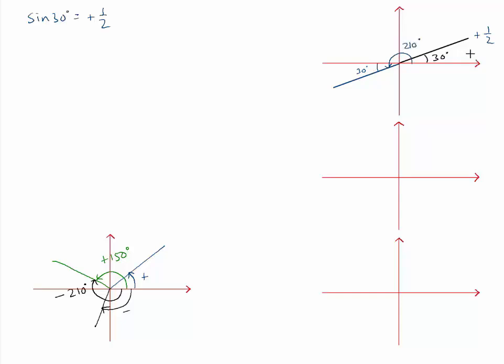Now note that if sine of this angle gives you half, then sine of this angle will also give you half. The only question is whether it would be positive or negative. Now we just saw that sine is positive in the first quadrant and negative in the third quadrant. So therefore this would be minus half.